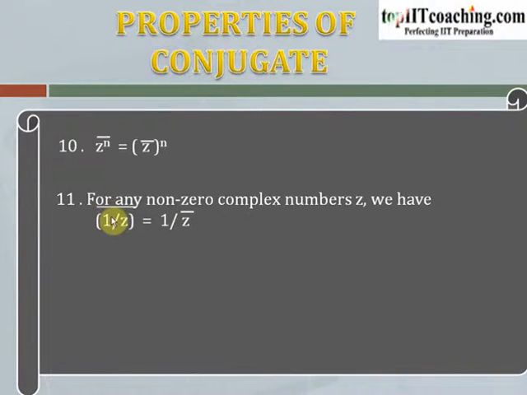Simply, the conjugate of 1 by z is equal to 1 upon z conjugate. And the last property is, the modulus of z is equal to the modulus of z conjugate. So these were some of the very important properties of the conjugate.